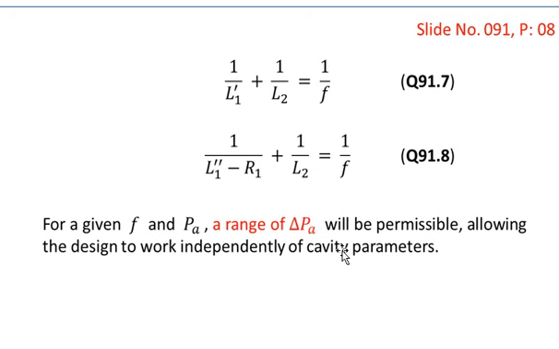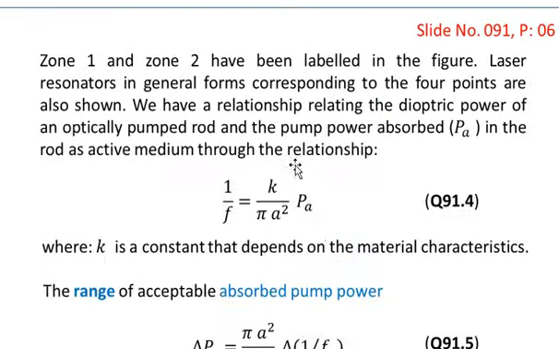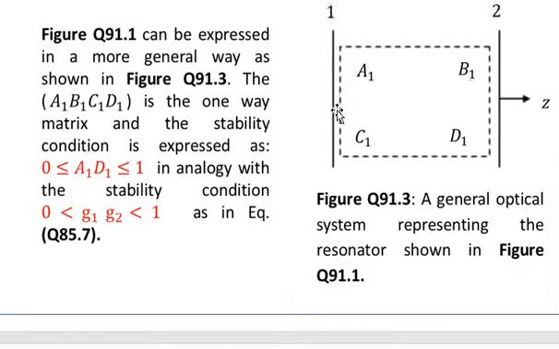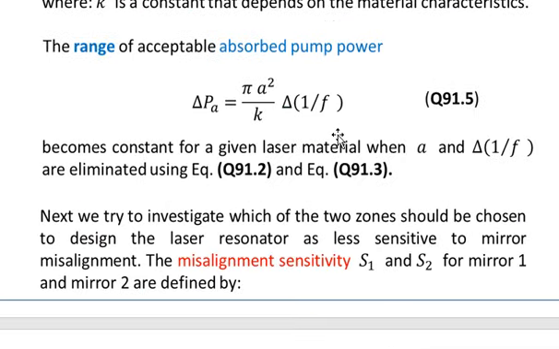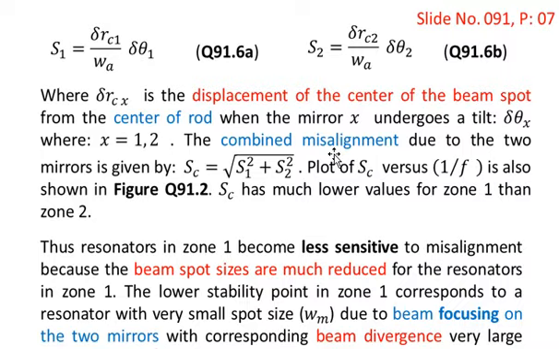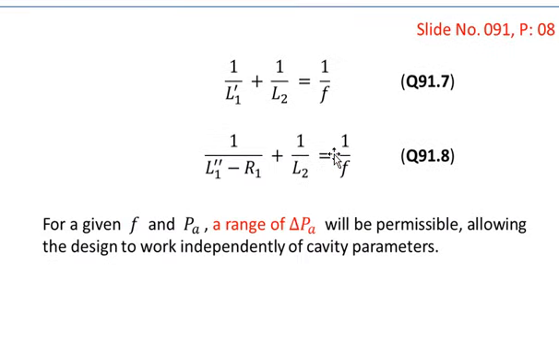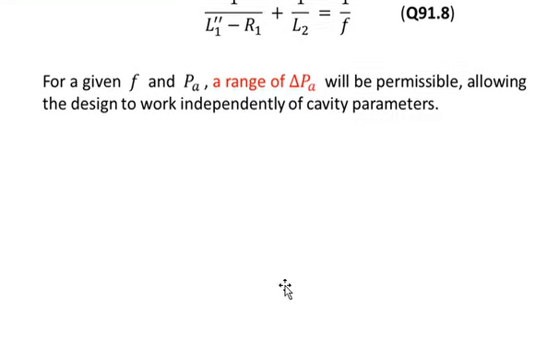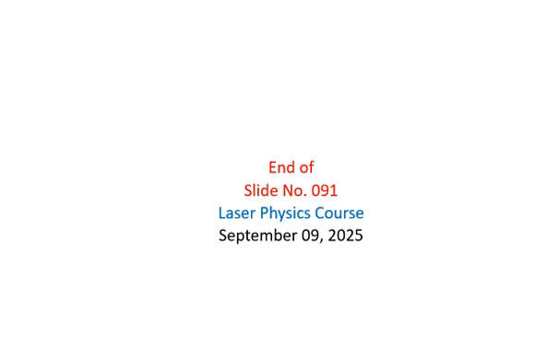Once we decide the value of delta PA, under these two conditions and the condition that we work at the center of zone 1, we follow the other equations and can design an efficient resonator in which we minimize the power fluctuations and also the misalignment errors due to mirrors 1 and 2 when the dioptric power of the lens is changed. So this is the end of slide number 91.